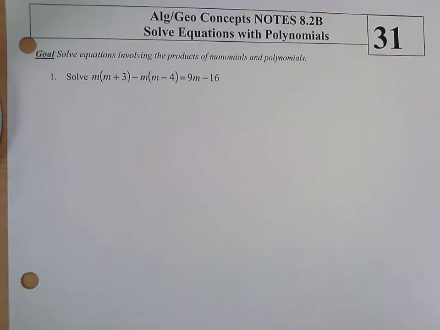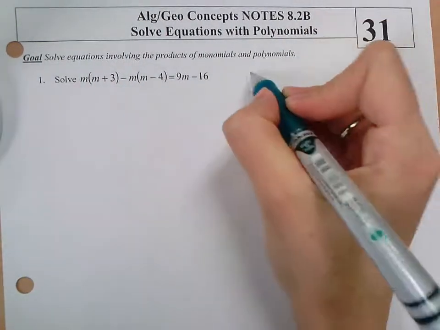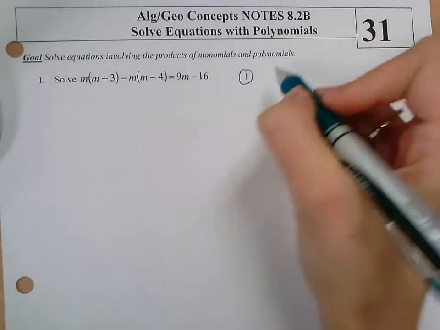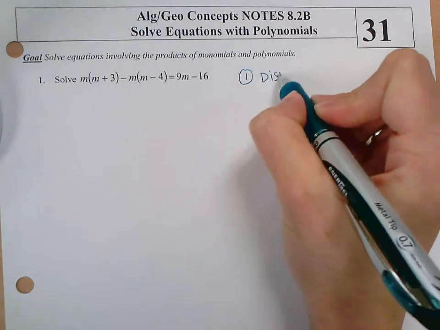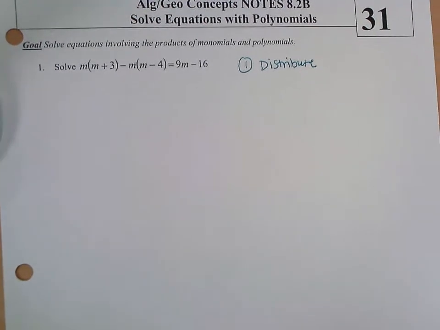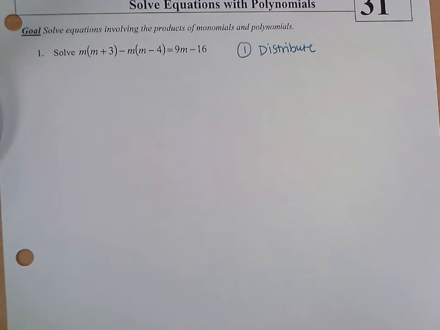So your first step in this equation, step 1, would be to simplify by distributing if you need to. So I do need to distribute here. If you didn't have any parentheses, you wouldn't have to worry about the distributing part.